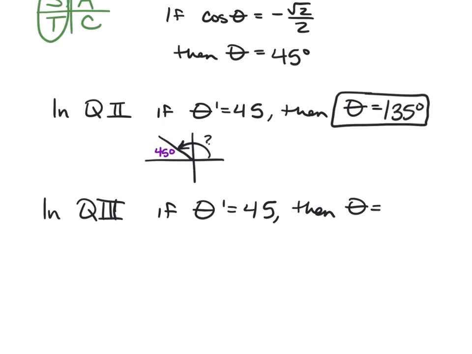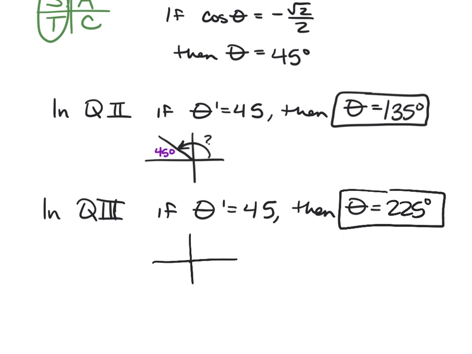We got 225 by looking at this and saying, okay, if we're in quadrant 3, should be here, if my reference angle is 45 degrees, I want all of this. So 180 plus 45 is 225. So those are the possible values of theta if cosine of theta is negative square root 2 over 2. It's one of the 45-degree reference angles in quadrant 2 or 3, which is where cosine is negative.